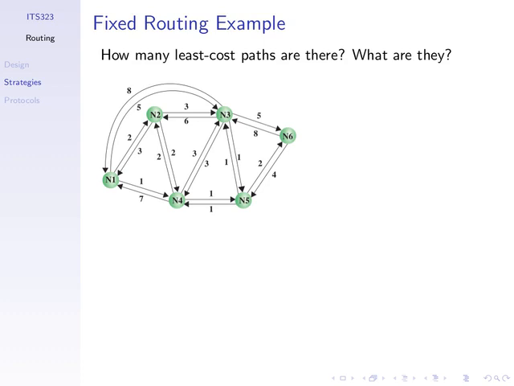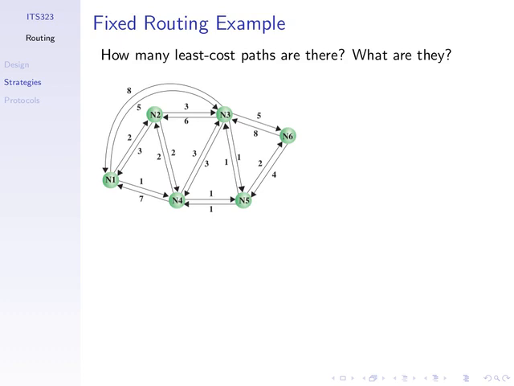Why? Because if there was a path from N1 to N4 via some other node, Nx for example, and this had a cost less than N1 to N4 direct, then this path would be part of the path from N1 to N3.